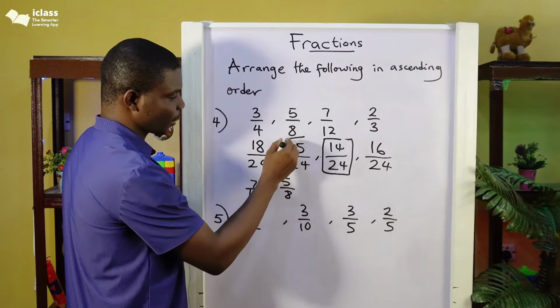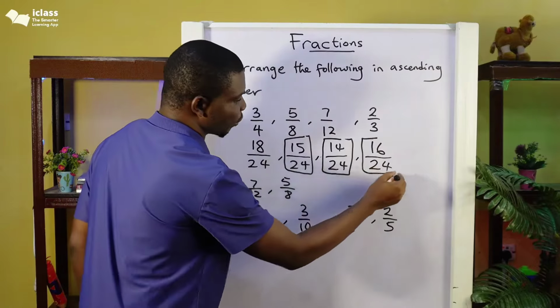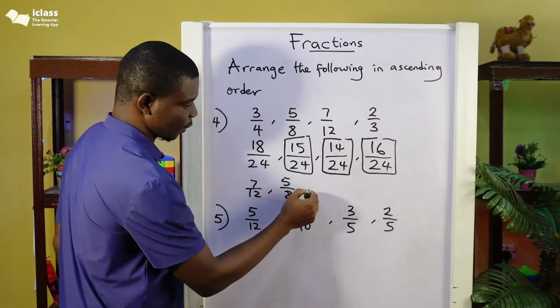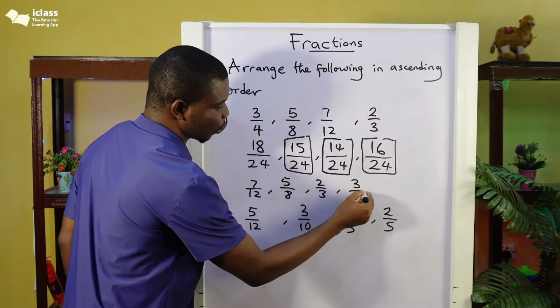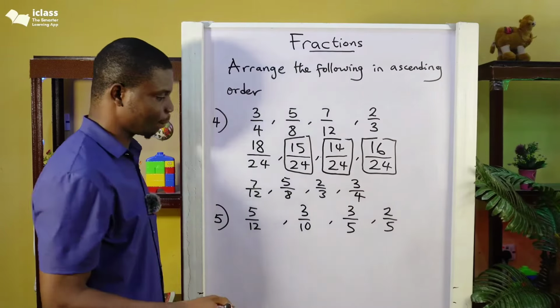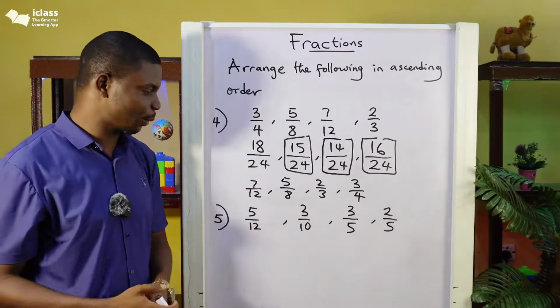Then which one? 16 over 24, which is 2 over 3. And then finally 3 over 4. So 3 over 4 is the biggest. So we've arranged this in ascending order of magnitude.